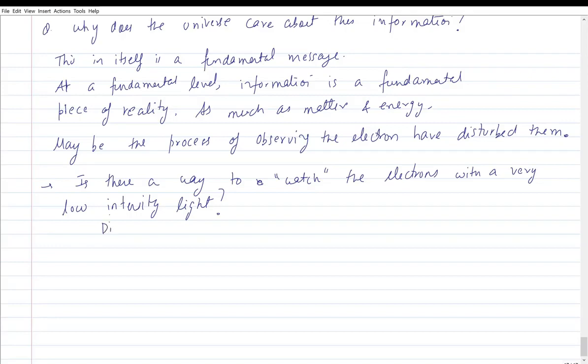Dim light. Well, what do I mean by dim light? With a very low intensity light, which has a very low photon flux.